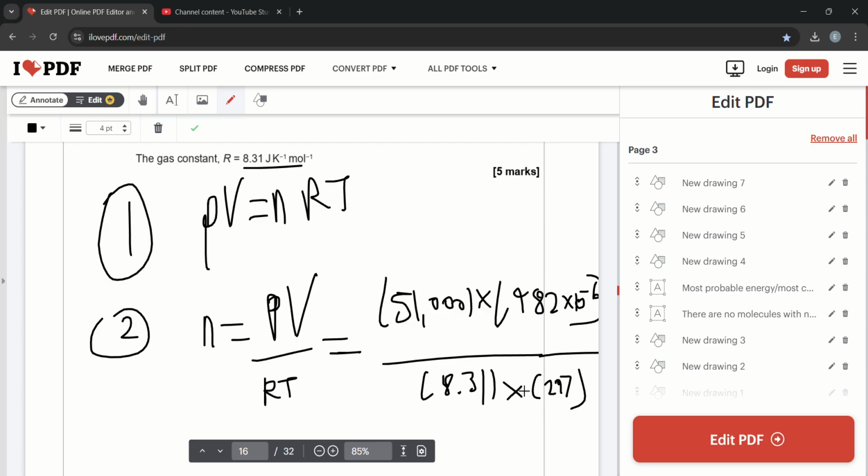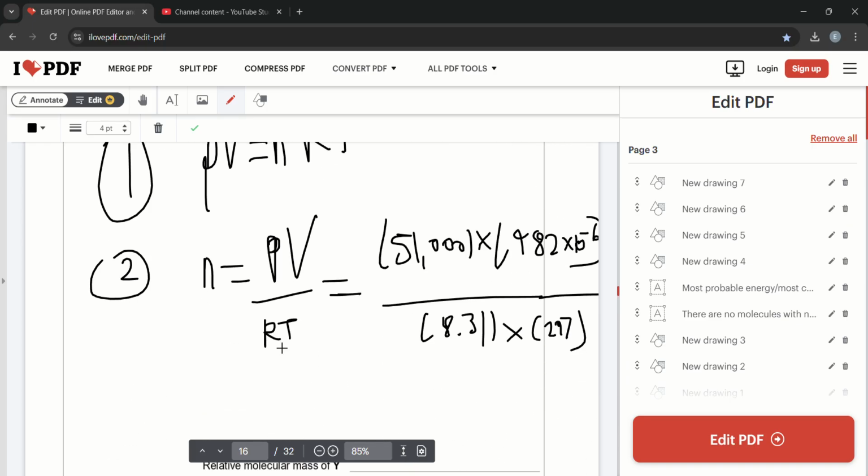Now that will give me the number of moles. Don't be fooled, that's not going to give us the final answer. n, the number of moles, is 9.96 times 10 to the power minus 3.